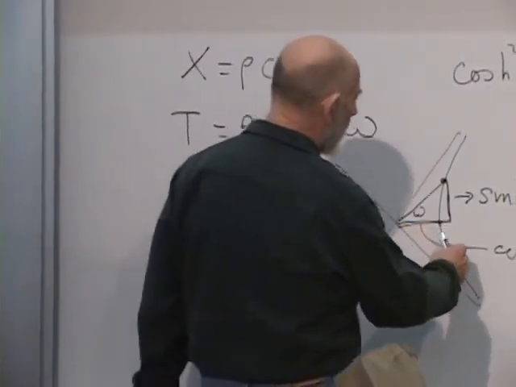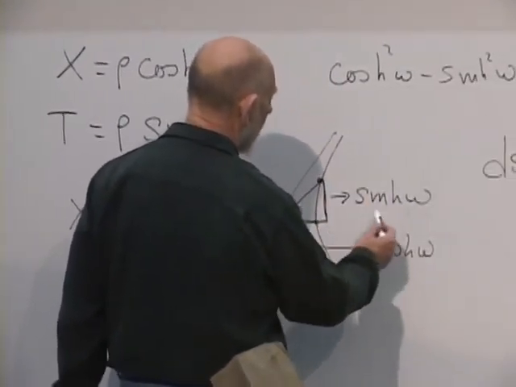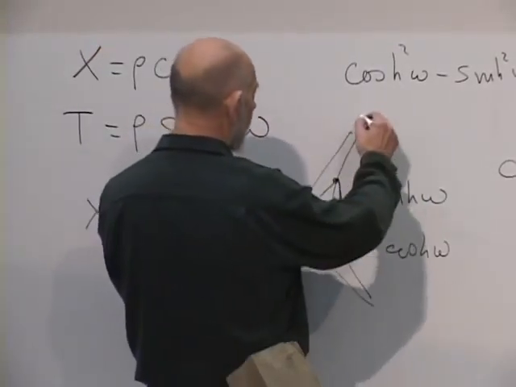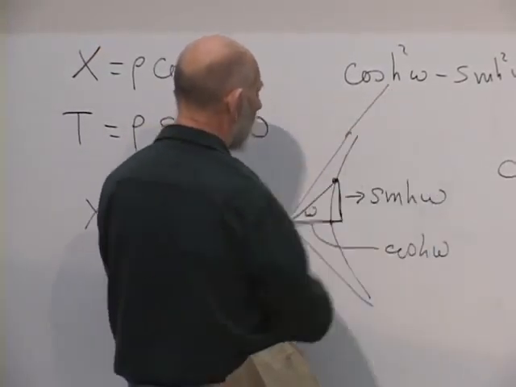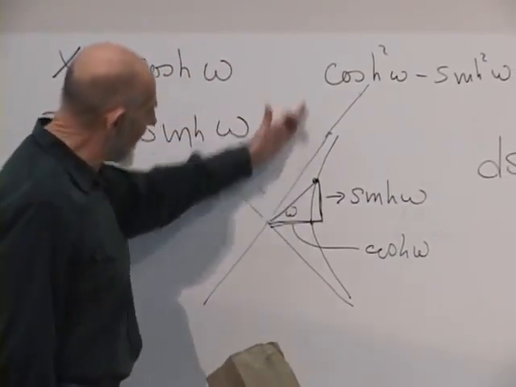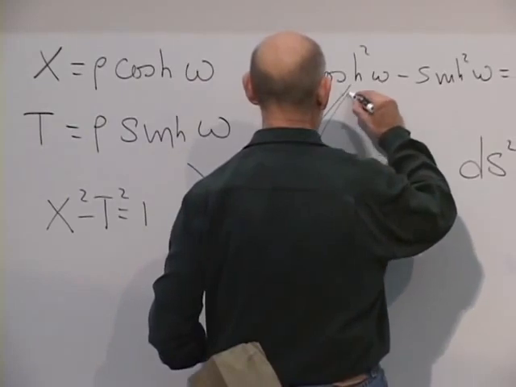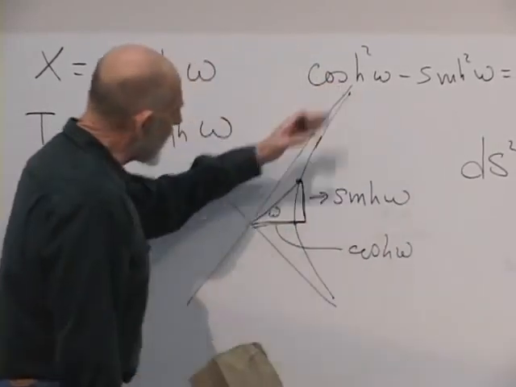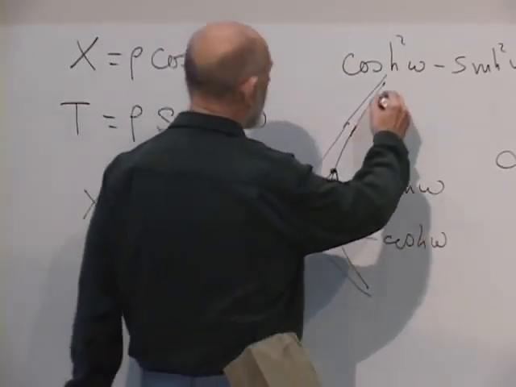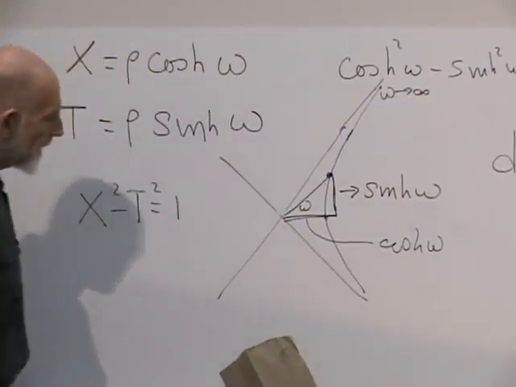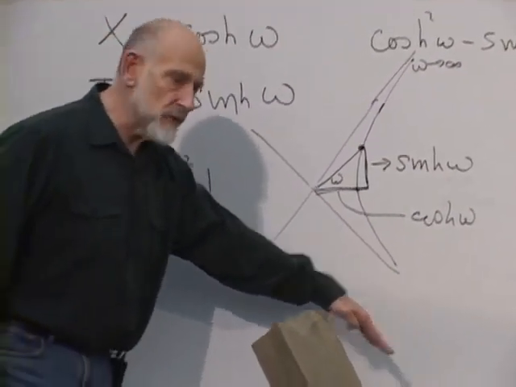All right, that means when you go way out at large hyperbolic angle, you're way out here, way up on this light cone, where t and x are almost equal to each other. Way out on this hyperbola is where omega gets large. Omega goes to infinity way out on the hyperbola, and way down here it goes to minus infinity.